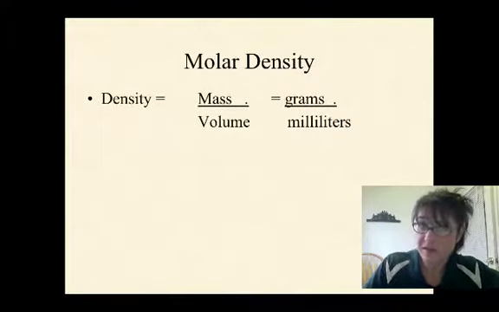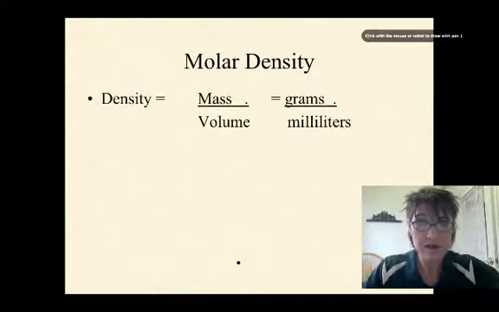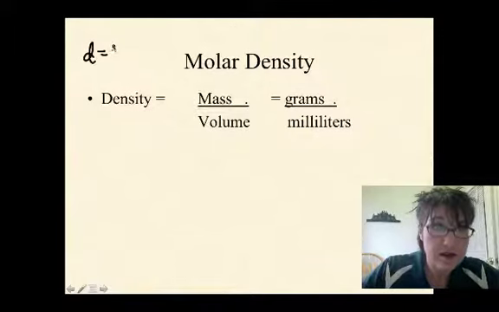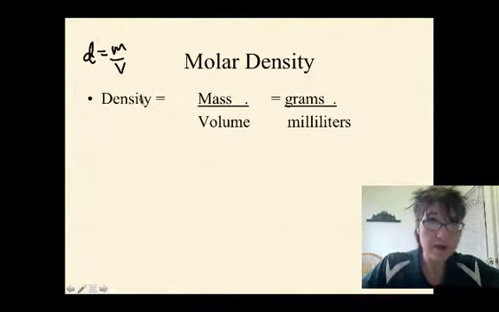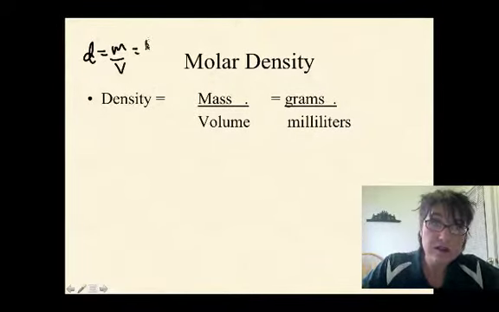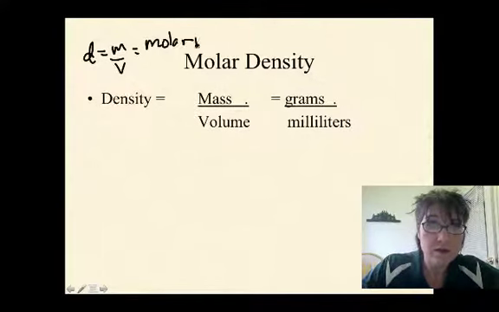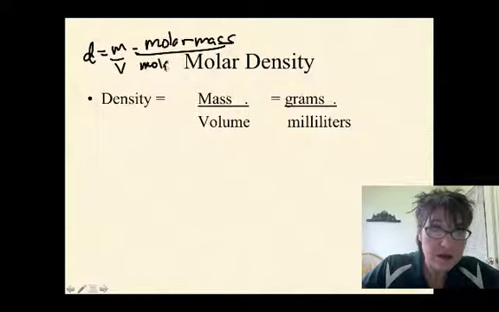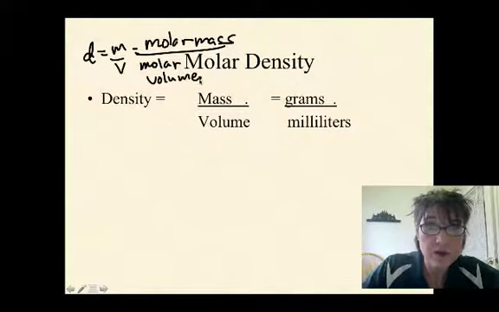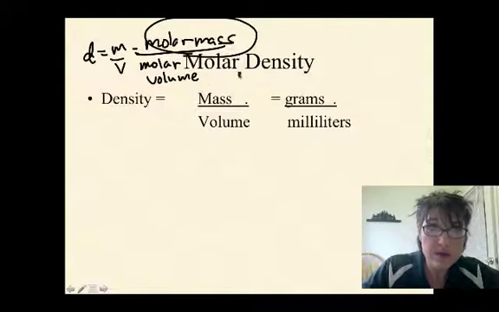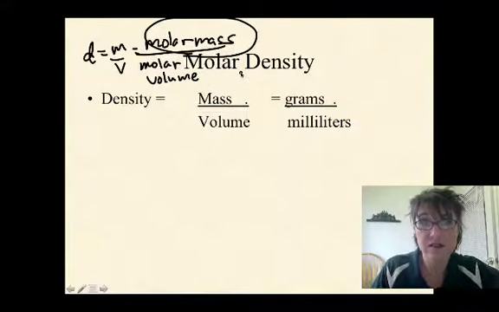Now let's talk about density. Remember, density is equal to mass divided by volume, right? So if you know the molar mass, then all you need to know is the molar volume, which at STP is always the same, 22.4 liters per mole. And so if you know the molar mass of any gas, you can determine its density at STP.